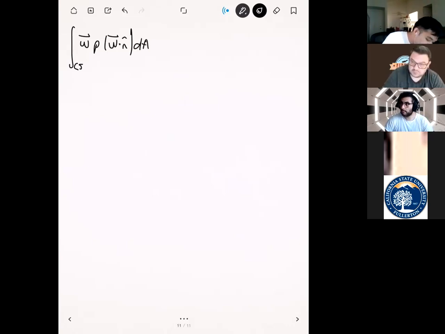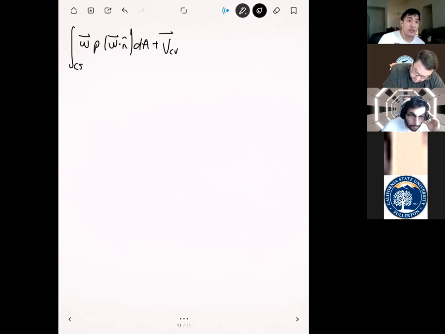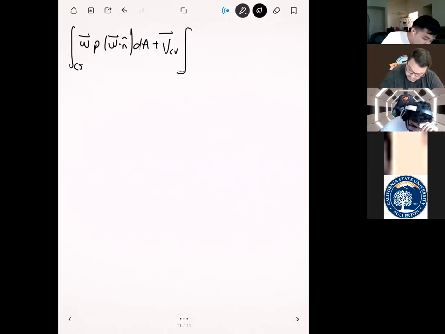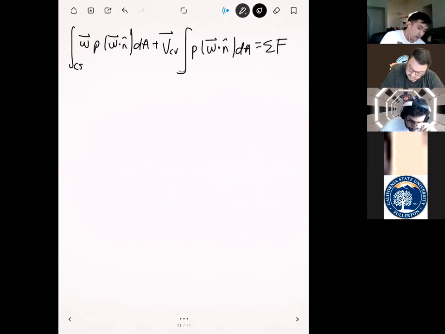First we have that, then we have VCV. VCV here doesn't change depending on area, and so we can think of it as just a constant. And so we can pull that out of the integral, and then what we get is the integral of rho W dot N dA, which is equal to the sum of all the forces.